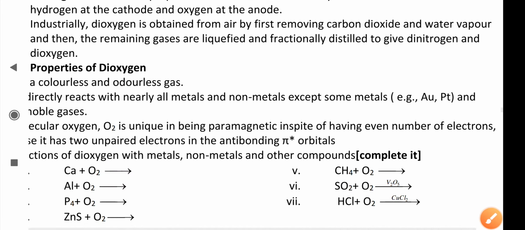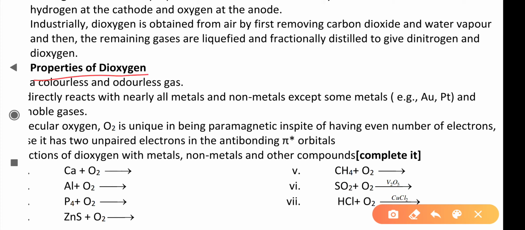Oxygen is a colorless, odorless gas, and we know the best use of oxygen also. It generally reacts with all metals and non-metals to form oxides, except some noble metals like gold and platinum, and it doesn't react with noble gases.